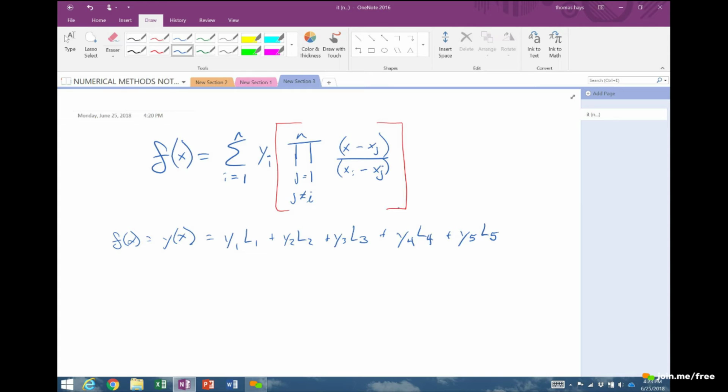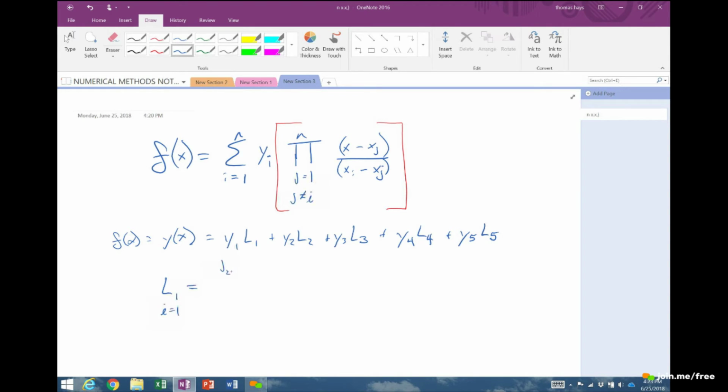So let's look here. For L1, we would have i equal to 1. This means that we skip the very first j. We start at j equals 1, but we skip, by definition, the point where j is equivalent to i. So we have to immediately move to j equals 2.